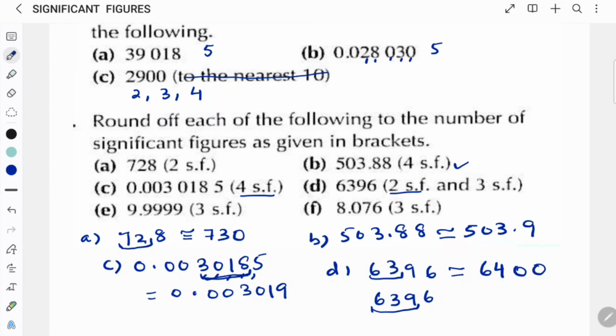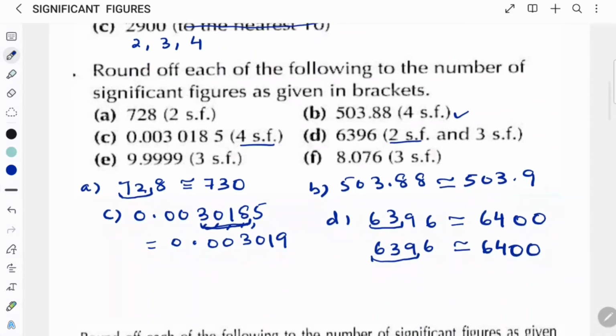After that you have 6, so 39 will become 40. Okay, 640, but we cannot write down just 640. We have to put a 0 also because the value of the number will remain unchanged. So you can see in this part D, the answer for 2 and 3 significant figures is the same.